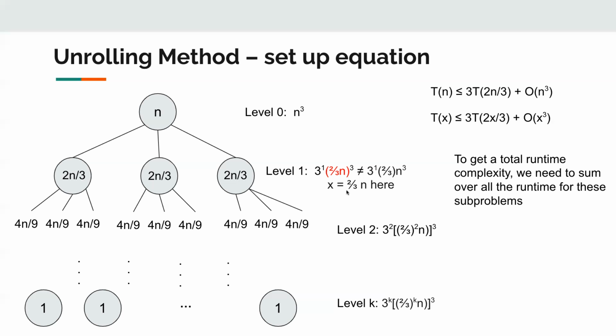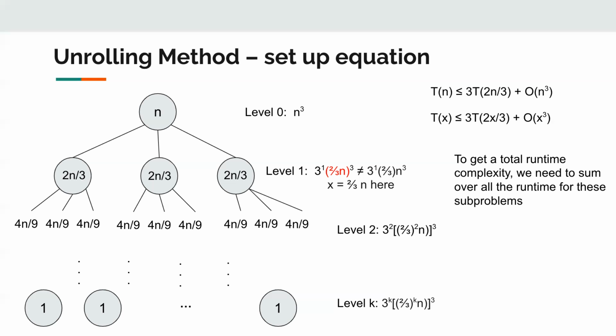If you plug in x equals 2n/3, you get this equation instead of this one. The difference is that the factor of 2/3 gets cubed in the correct formula, and it's not cubed in the second formula. It doesn't make sense to put a constant factor here without cubing it, because it belongs to each individual subproblem.